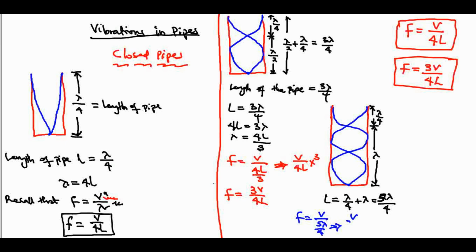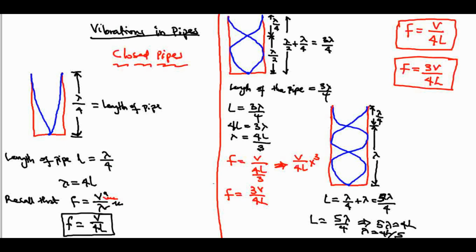Oh, we've missed a step to say that. So we'll have L is equal to 5 lambda over 4, implying that 5 lambda is equal to 4L, and therefore lambda is equal to 4L over 5.